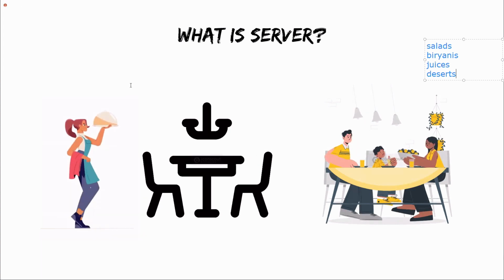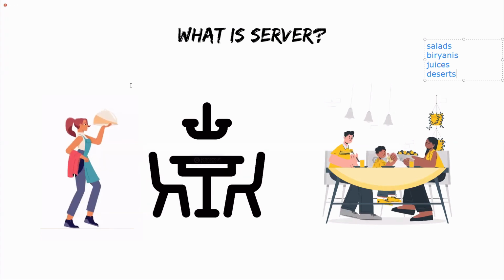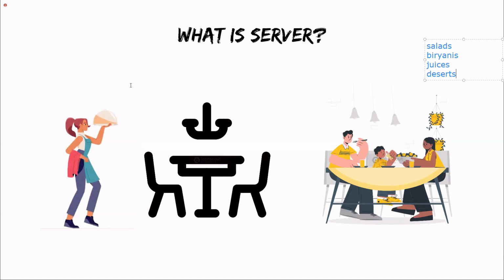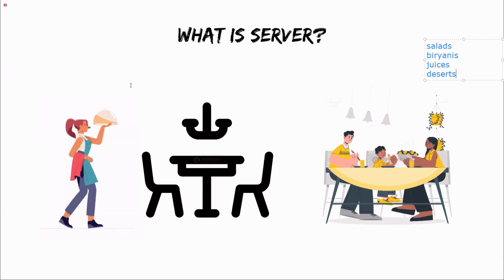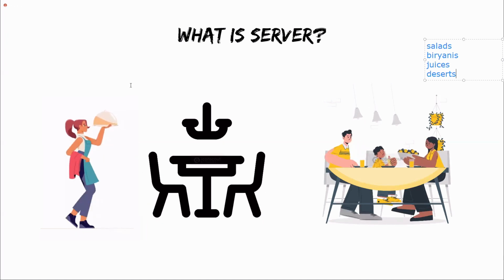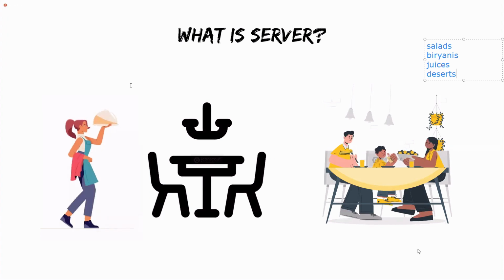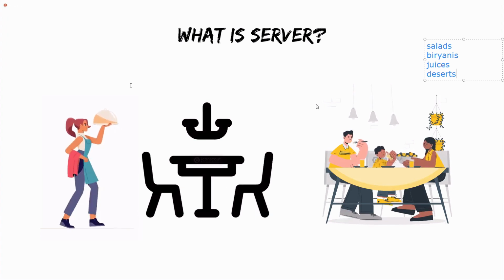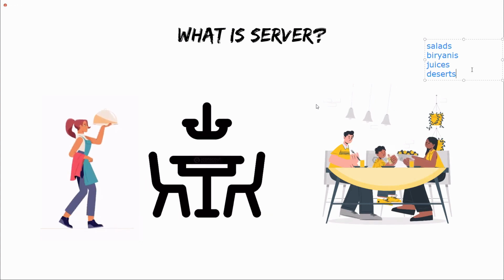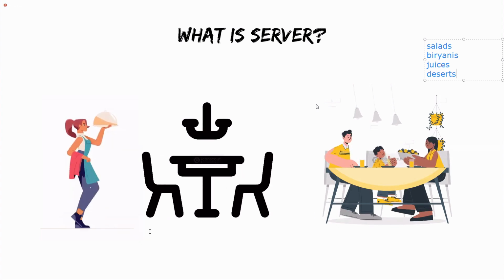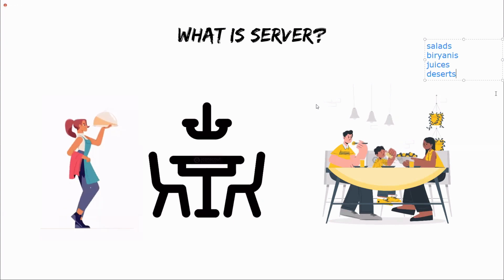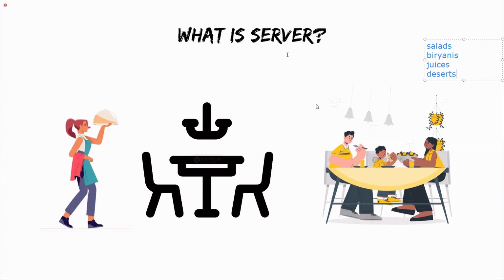So a server is something which serves the needs of ourselves. In the same way, a server is something which serves the needs of other computers. Once I see the menu card and order, the server is going to serve me. Even though my requirements are different, the server is going to serve me all this. I am going to explain the same example in real time.